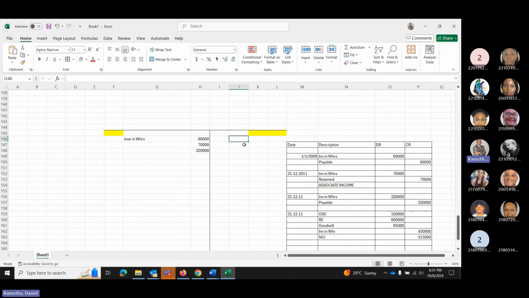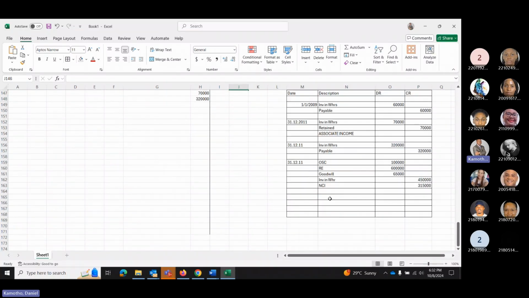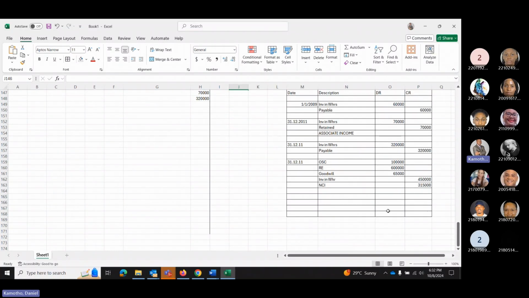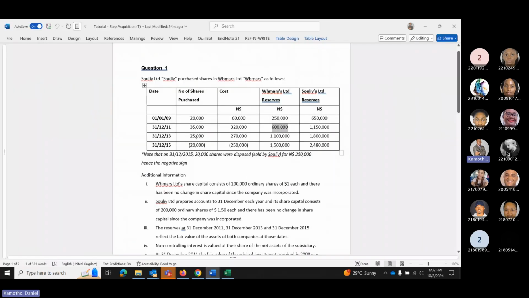That's what we said in consolidation: the investment in subsidiary is eliminated with a similar item, and the similar item is the equity of the investee. So ideally, that's the second step. At this point, we have established what goodwill is. We can continue in the next and see what happened now between.